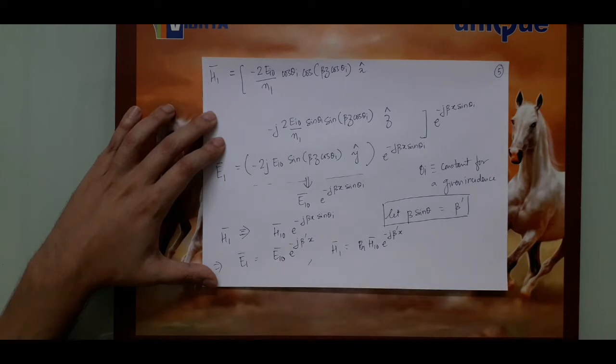So what do these two indicate? These two indicate the two field components of a wave that is traveling along which direction? It is traveling along the plus x direction.